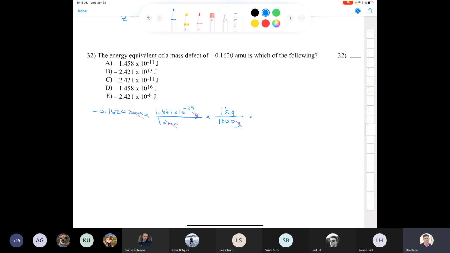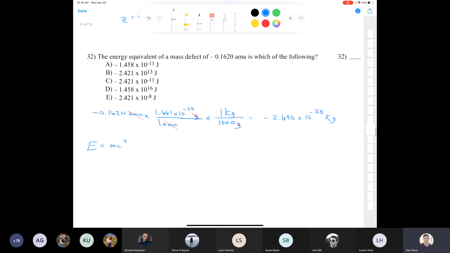So when we work all this out, we get negative 2.690 times 10 to the negative 28 kilograms. We have 4 sig figs in this number. So when we use our formula, E is equal to mc squared, we're going to use our mass as being negative 2.690 times 10 to the negative 28 kilograms. It's a small mass multiplied by the speed of light, which is 2.998 times 10 to the power of 8 meters per second.